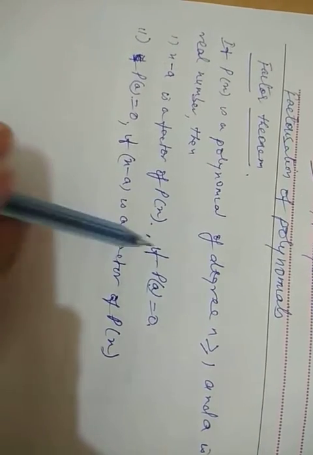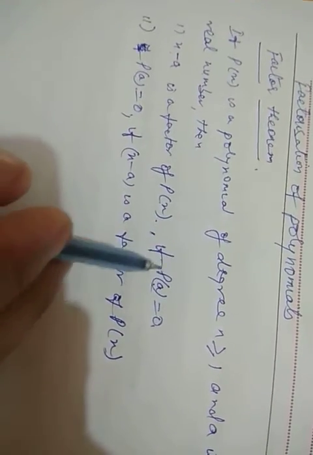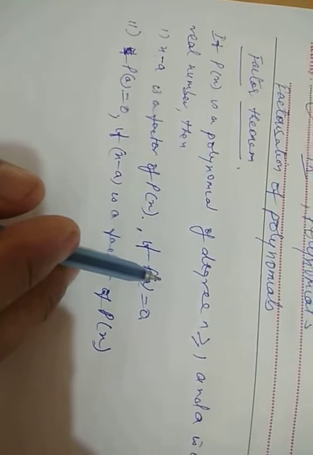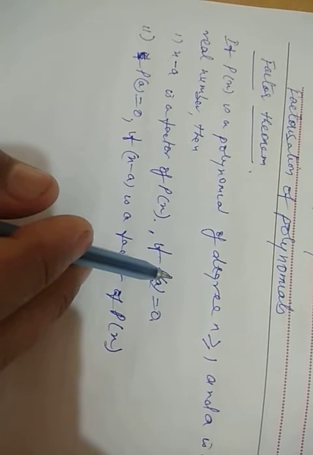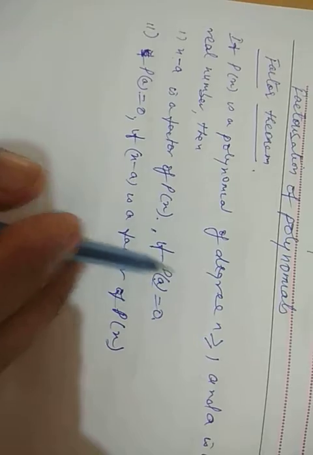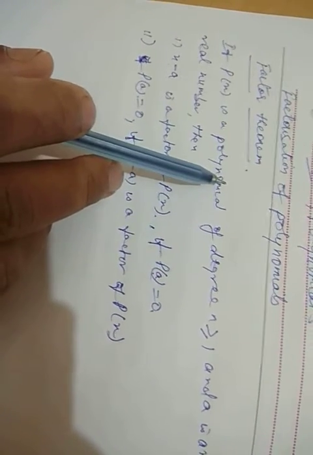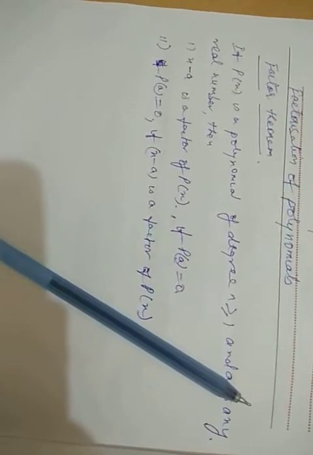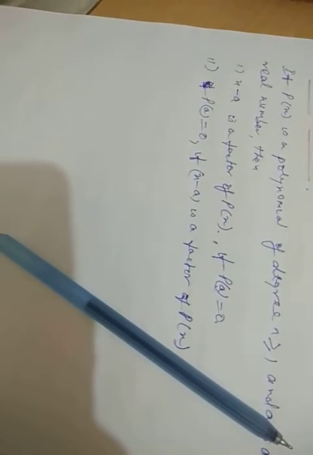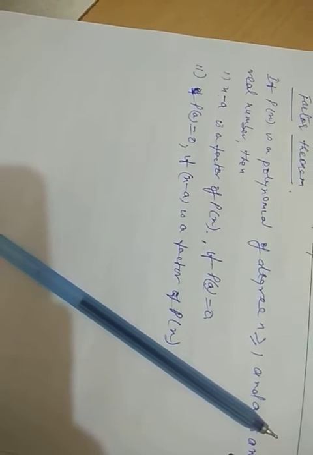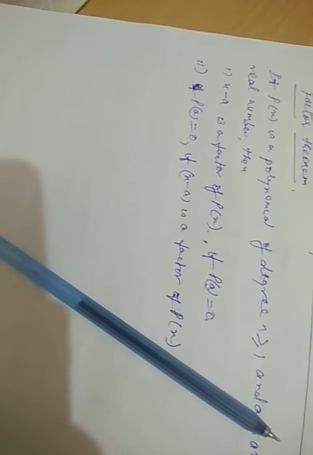Now move on to exercise 2.4. We have to deal with problems related to the factorization of polynomials. We know that factorization can be done by using splitting of the middle term, and secondly by using the factor theorem.